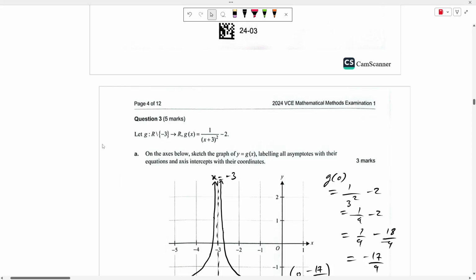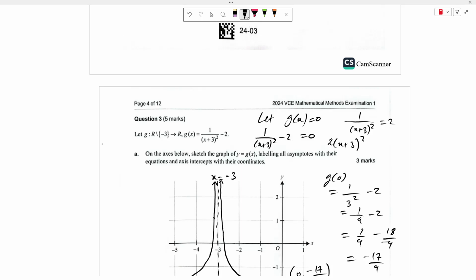Now the trickier part is going to be solving for the x-intercepts. So we're going to let g of x equal 0. We get 1 over x plus 3 squared minus 2 is equal to 0. 1 over x plus 3 squared is equal to 2. And then cross multiplying, we're going to get 2 times x plus 3 squared is equal to 1.